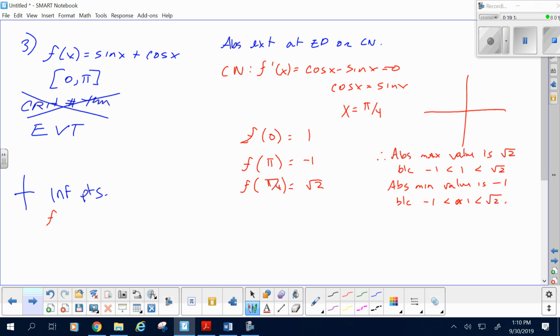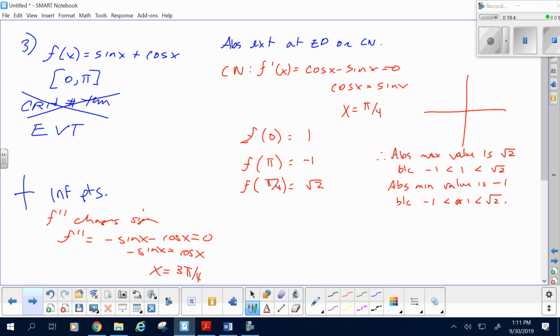That's where the second derivative changes sign, yeah? So the second derivative is negative sine minus cosine. That would equal 0 where sine and cosine have the same value and opposite signs, which is at 3 pi over 4.